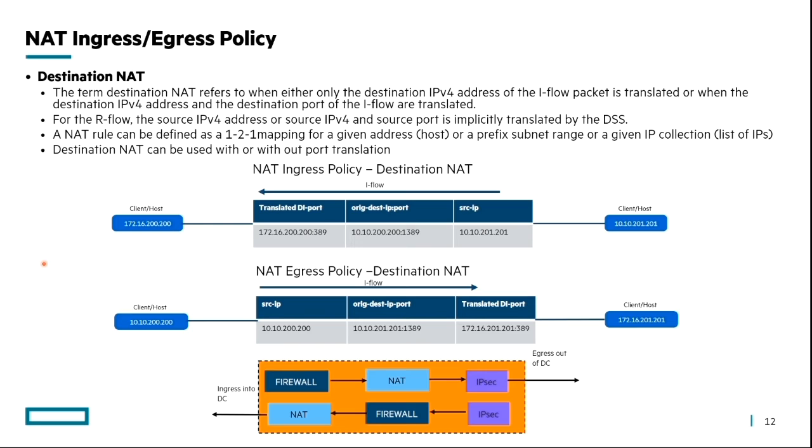Again, the same approach applies for an egress NAT policy and an ingress NAT policy, whereby the iFlow originating destination IP can optionally be translated along with the port, and the rFlow, the responder flow, dynamically translates the source IP and port combination, if it's part of the translation rule, back to the originating destination IP and port combination. So again, a single rule in the NAT policy is there to support this.